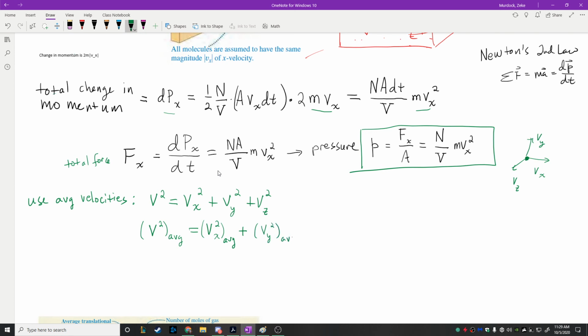We have to do squares too, because otherwise it would just be 0. If you average over just Vx, you get 0. You average over Vy, you get 0. But if you average over Vy squared, you don't get 0.